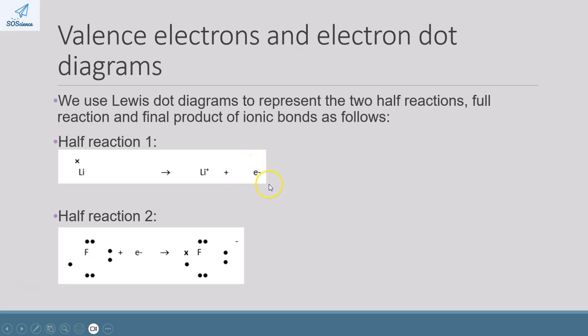It doesn't matter. You'll see later that we just use these electrons to help us balance these equations. So I just ignore the electrons. I've got one electron being given away here, one electron gained here. That means that my equation is balanced. You'll see what I mean a little bit later. And so I'm just going to ignore my electrons in my full reaction.